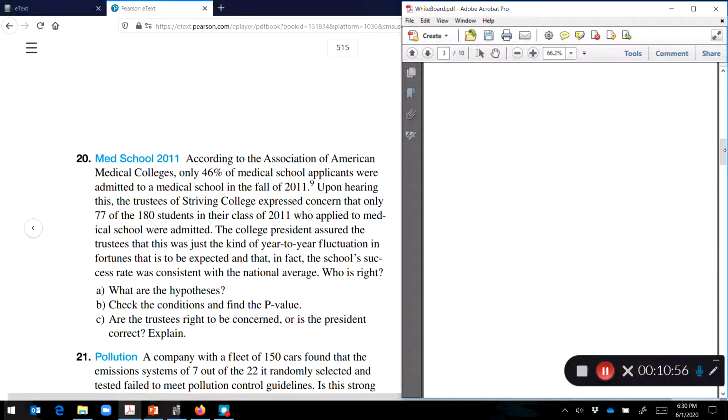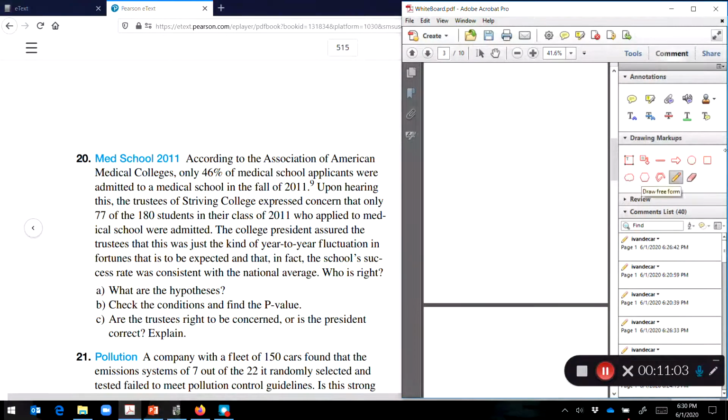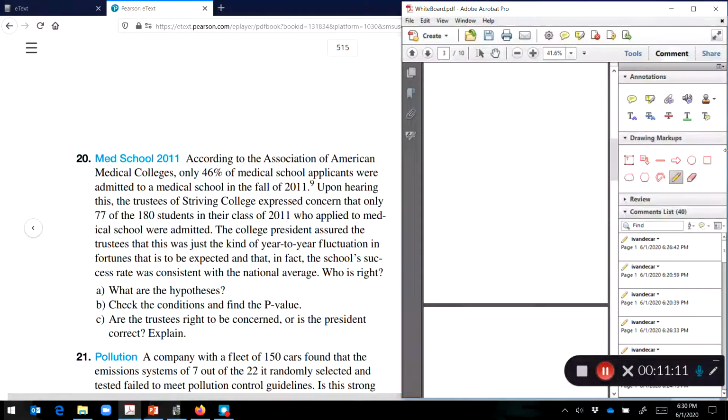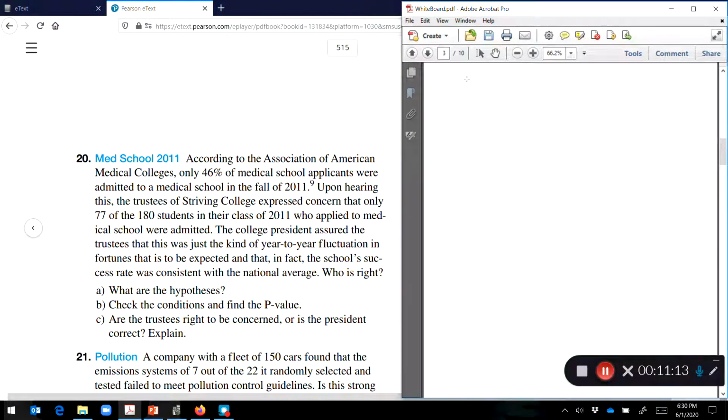My null hypothesis is that, all right, 46% is the standard, so the population proportion should equal 0.46 at our school as well.